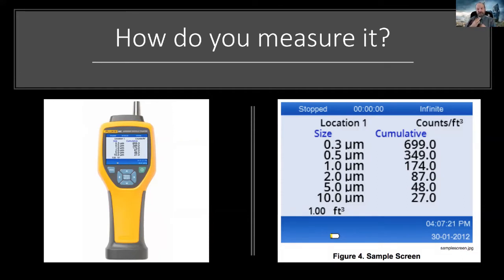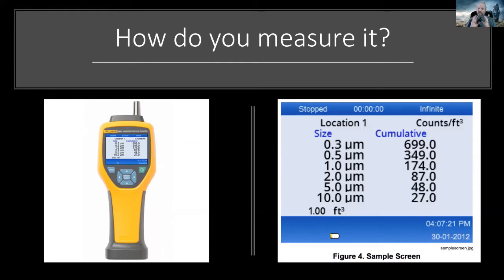And if that flash of light is more intense, it's probably a bigger particle. So they calibrate these things based on the intensity of the scattered light from one particle. The intensity is correlated to the size of the particle, approximately.